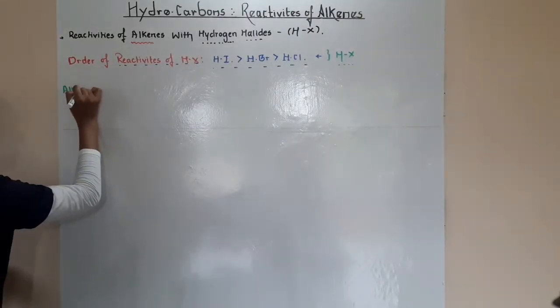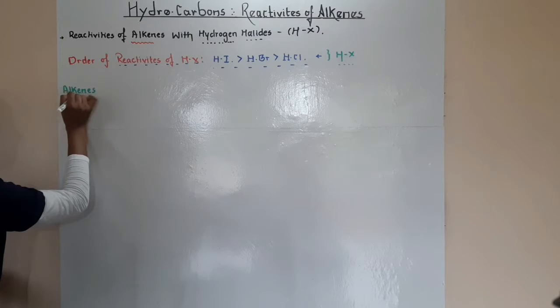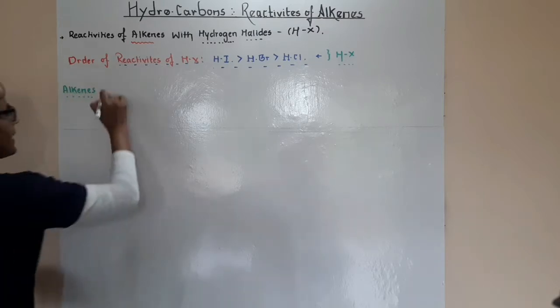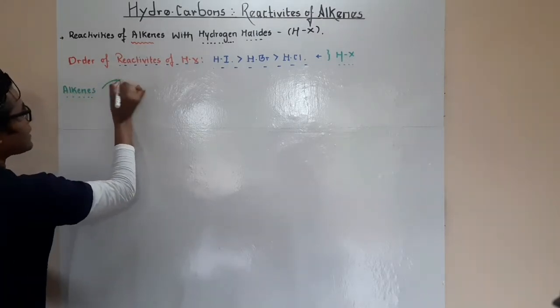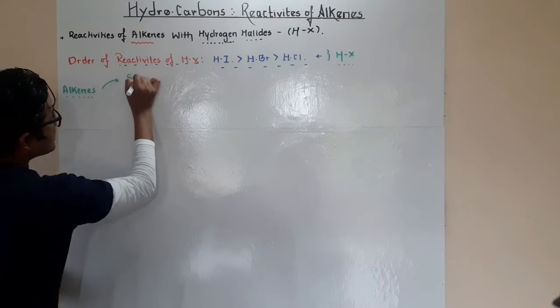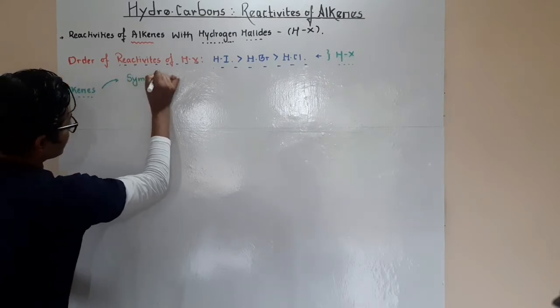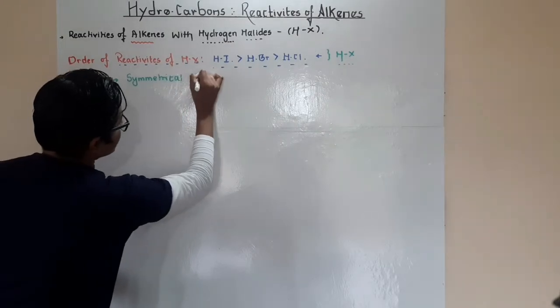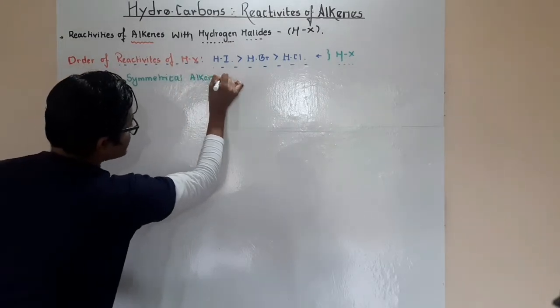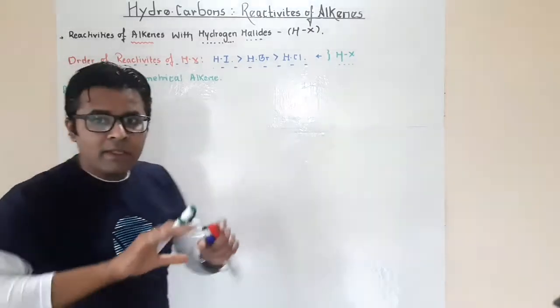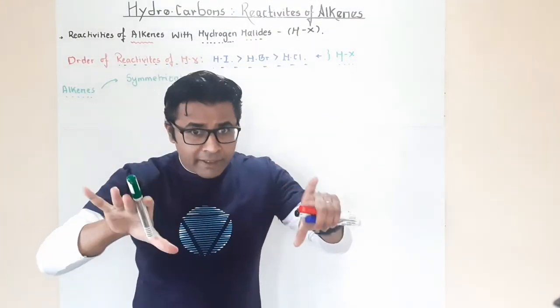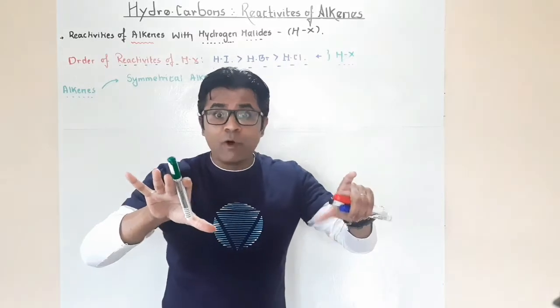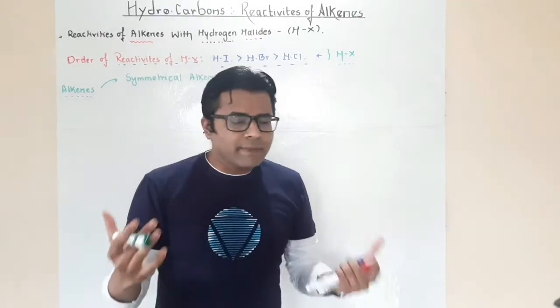One is the symmetrical alkene. These are the compounds wherein the neighboring atoms of a carbon-carbon double bond are the same, or similar.